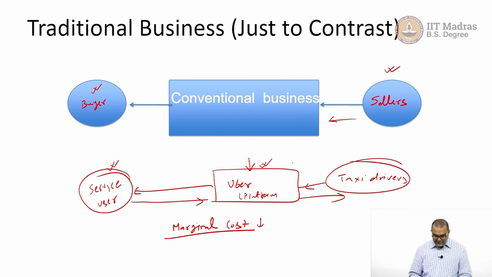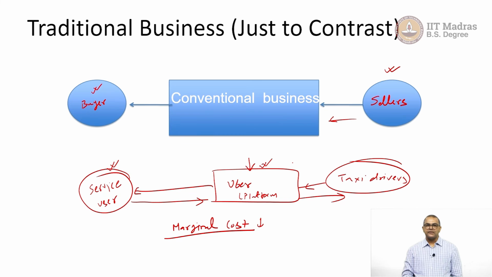But the key thing is, let us say I call Uber that I want to go to the station. Uber doesn't have any taxi. It relays this information to different taxiwalas in that locality. Taxiwala accepts that assignment, takes me to the station. How does Uber find the taxiwala?